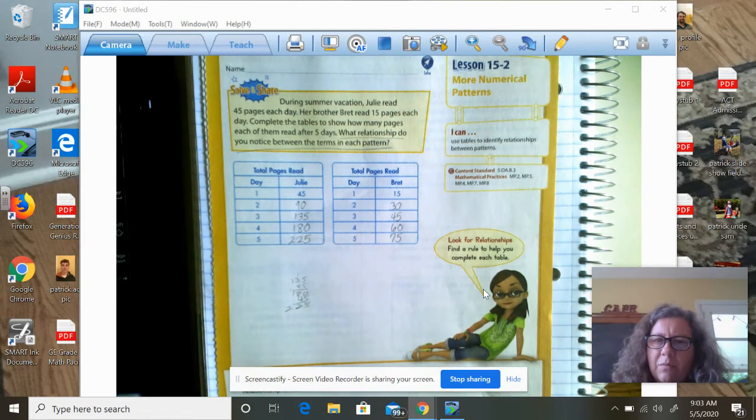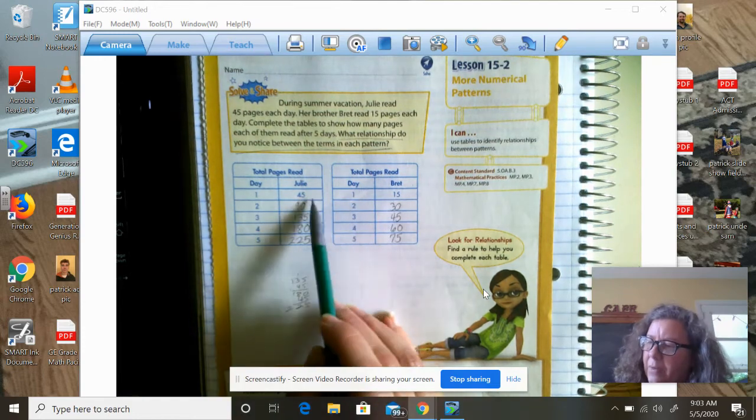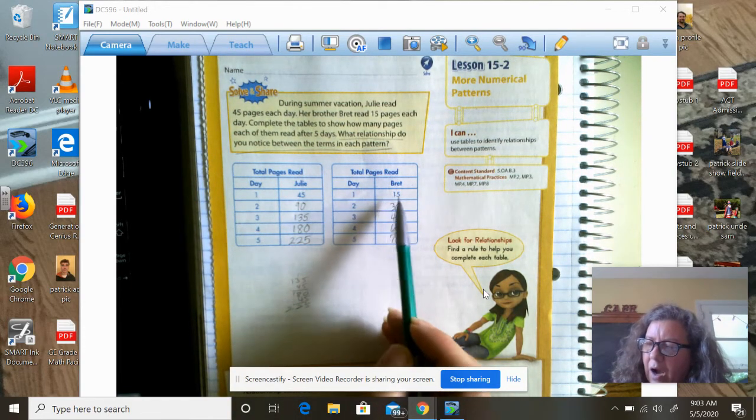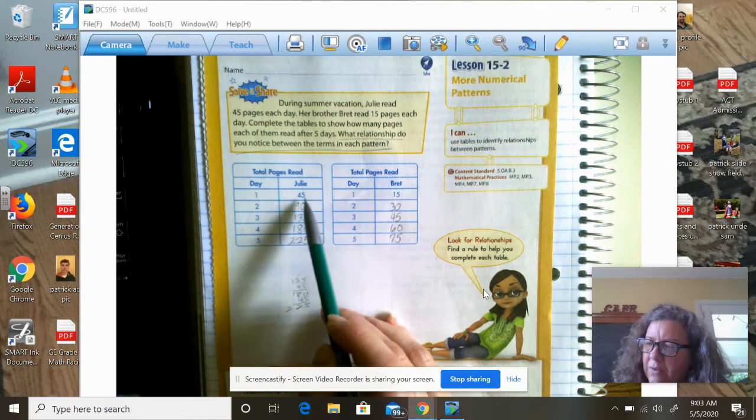But because it's easier to work with smaller numbers, I'm going to look at the top here and say, I know that 15 times 3 is 45.